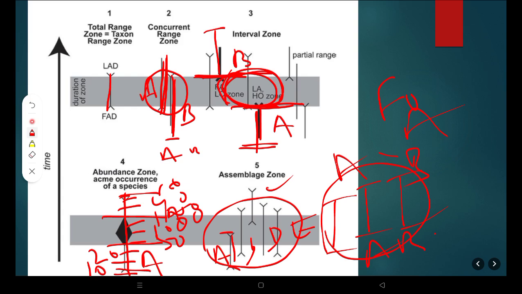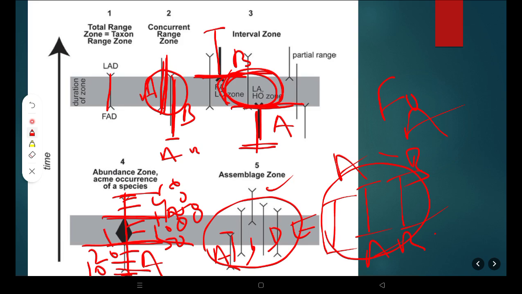So what happened? Suppose this species started from here and ended here. This data represents an optimal environmental condition where it gets nutrients, a very good amount of oxygen supply, and sunlight.